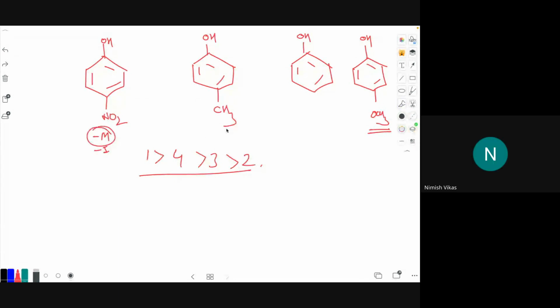Minus M. When we talk about CH3, this will have plus H, hyperconjugation, which will be more dominant, though plus I will also be there. Here the more dominant will be plus M and minus I, but plus M is dominant. So how do we check? We remove H plus and check for the negative charge.